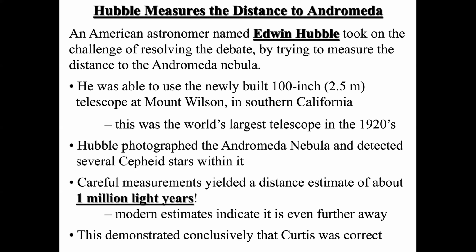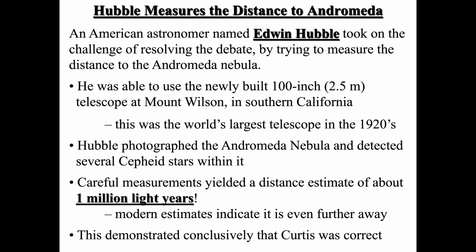And he photographed the Andromeda Nebula because it was the closest one to us. And you can see that I am still using this word nebula because we do not know, right, whether it's a different galaxy or not at this time. And he detected several Cepheid variable stars within that particular galaxy, right?